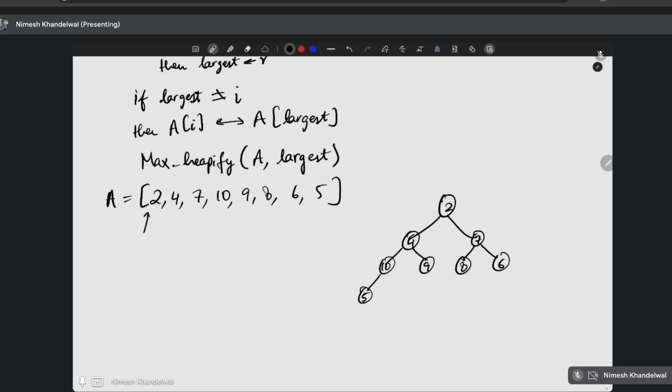And what we actually do is we start from the half. Basically, we start from the level n minus 1 of the heap, right? So if we start from here and then we go down, that is how we build the max heap, basically.